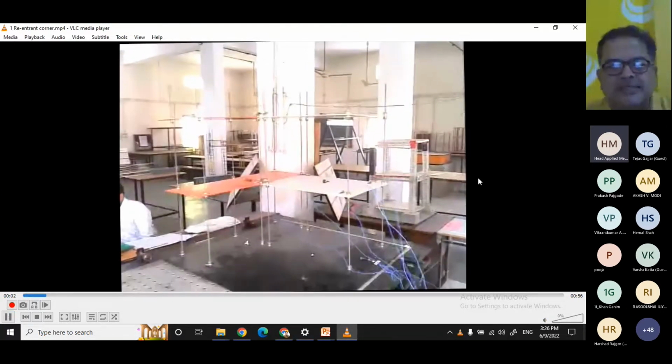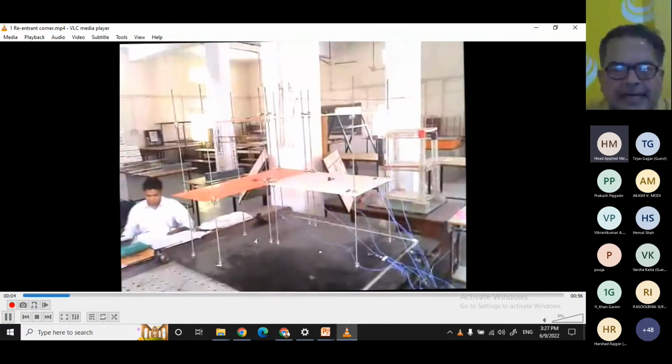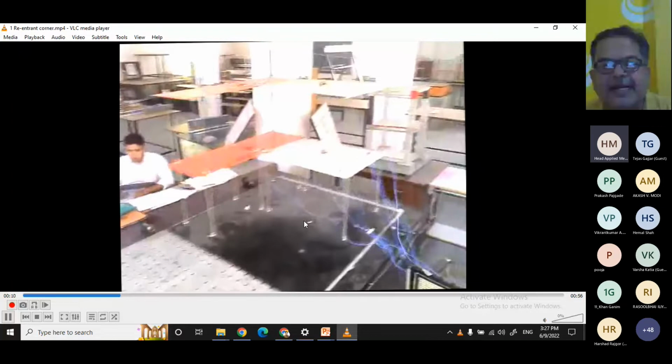Just look at this. So they are connected here. Both are connected here. We have provided a connector, and then we apply the force.